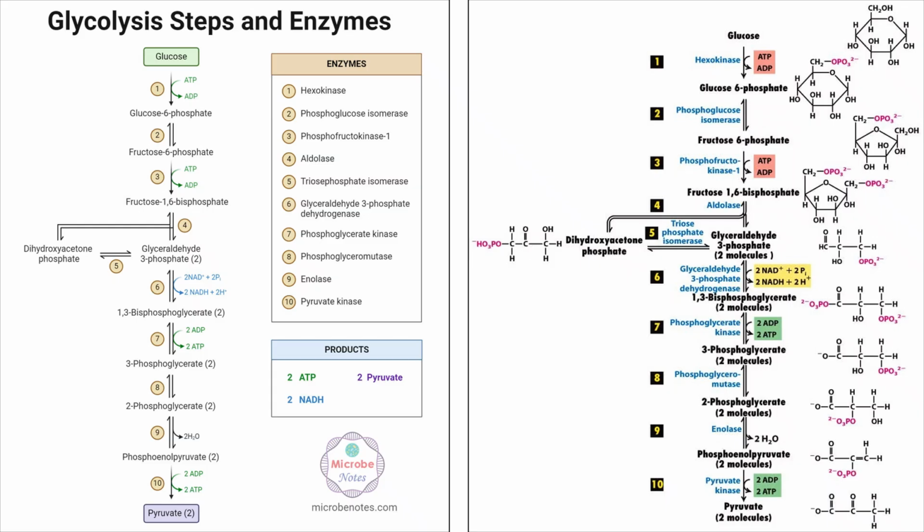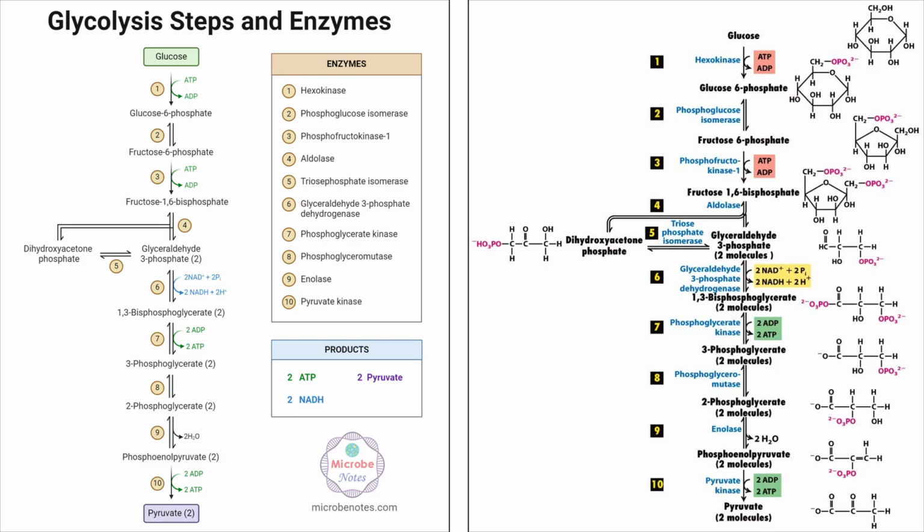So, in a simple way, we can understand glycolysis as the breakdown of one 6-carbon glucose molecule into two 3-carbon pyruvate molecules through 10 enzyme catalyzed reactions. During the first 5 steps, the cell invests 2 ATP to activate the glucose molecule.